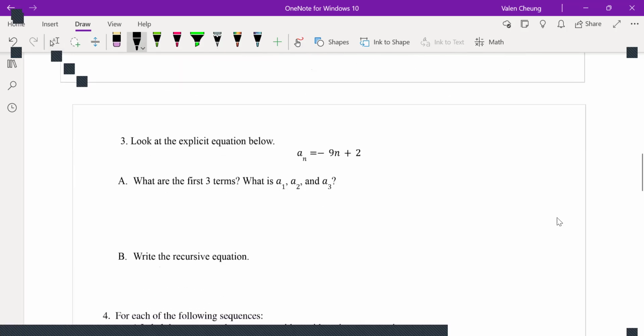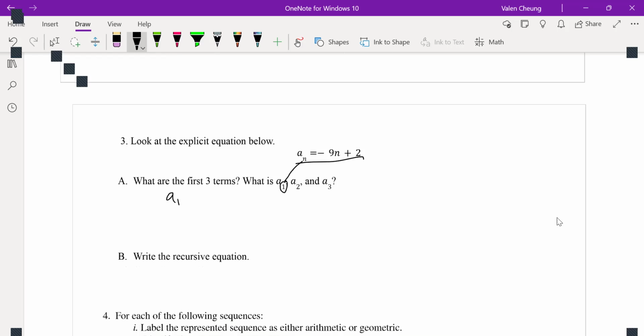Number 3, explicit equation. They give it to us. First 3 terms, a sub 1. So you see how the sub 1 replaces the n there? It should also replace the n there. You just plug it in. -9 plus 2, -7.